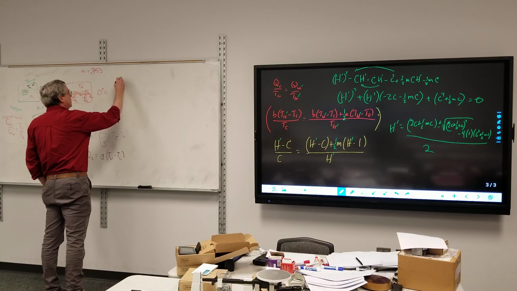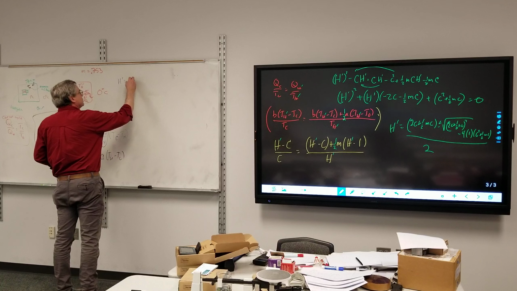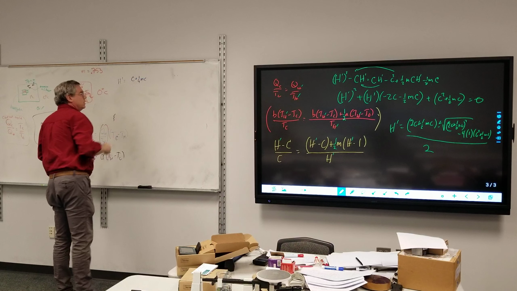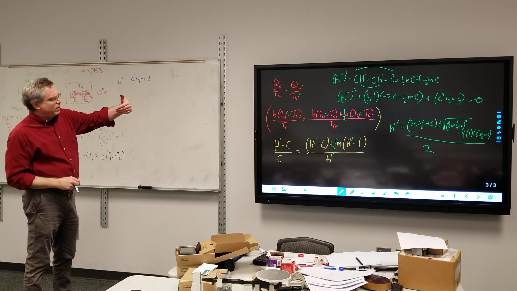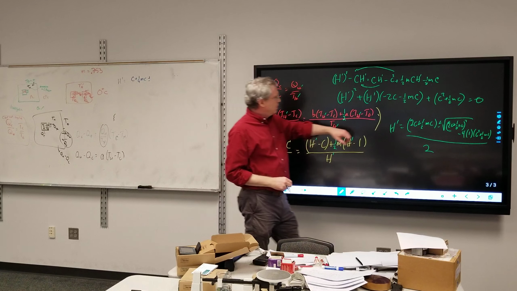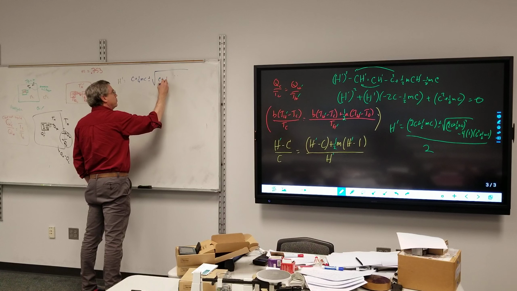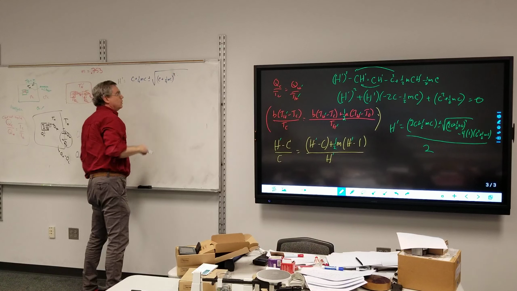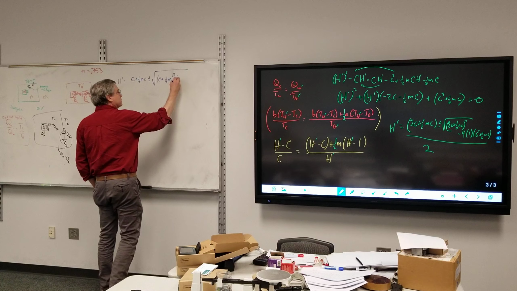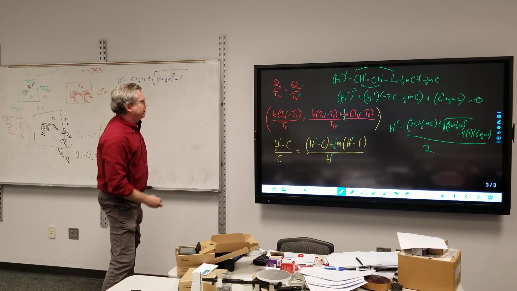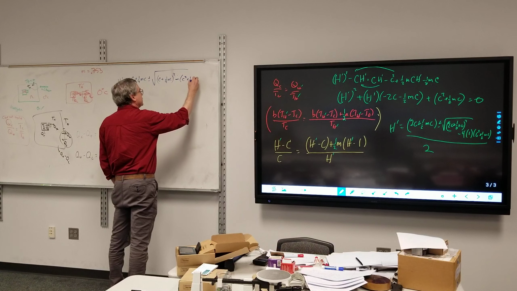Or I guess factor a square root of 4 out of that. So I end up with H prime equals C plus 1/4 MC plus or minus the square root of C plus 1/4 MC squared, and over here the 4 is right there, so minus C squared plus 1/2 MC.